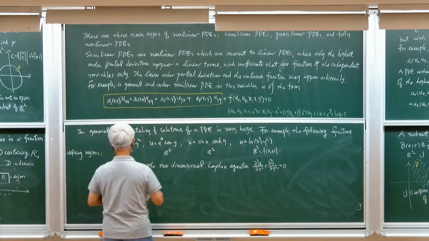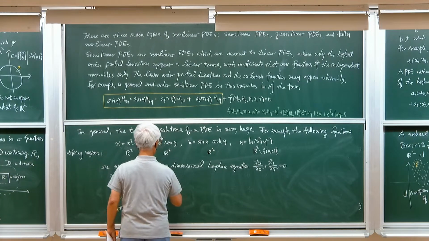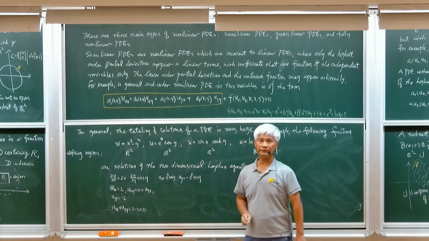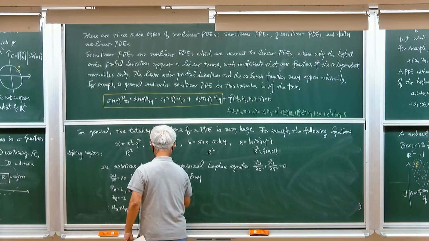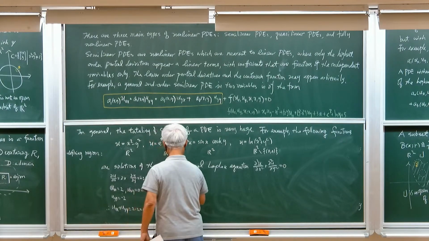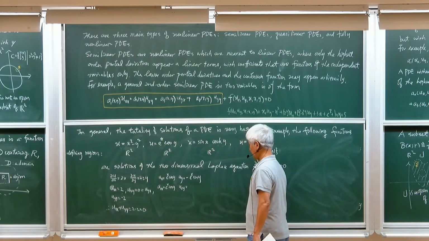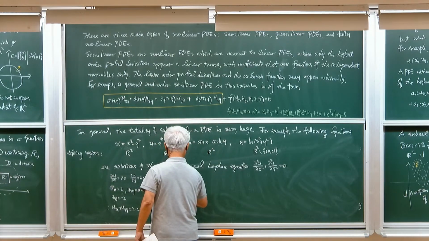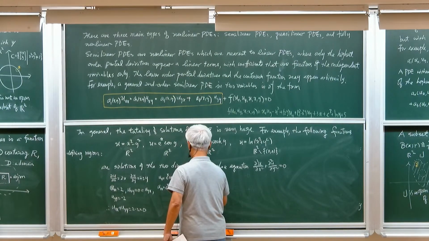For this one, the first partial derivatives are computed, then uxx again, and uyy is minus cosine y here.